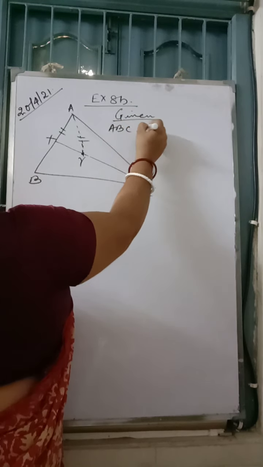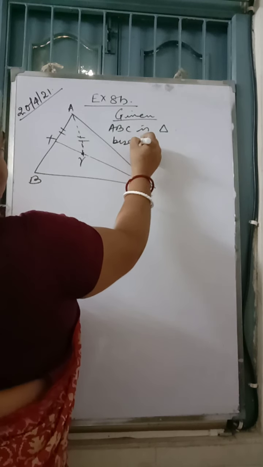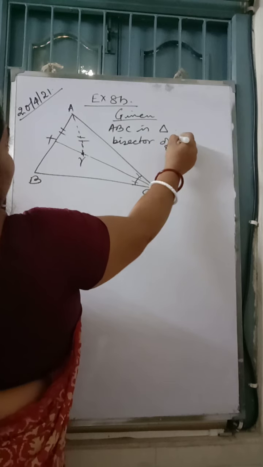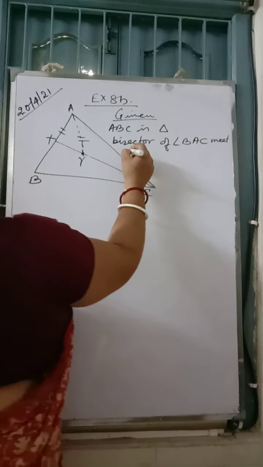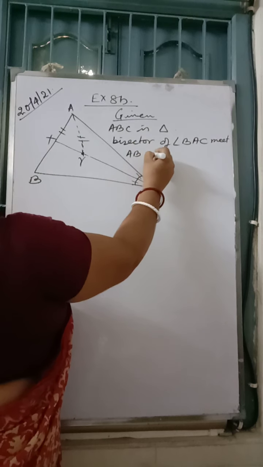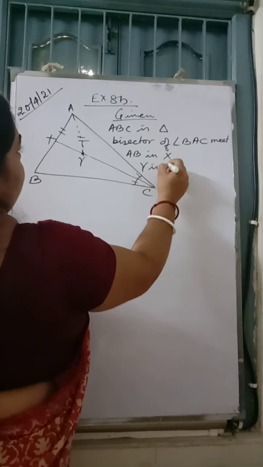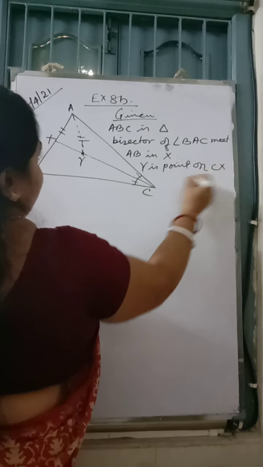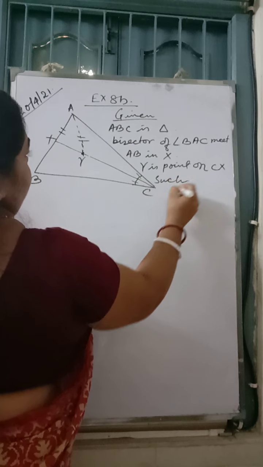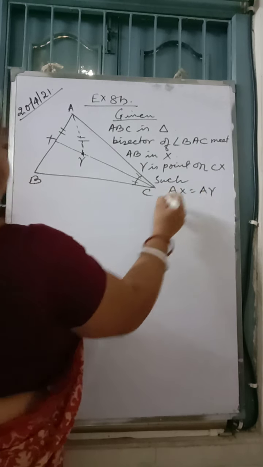Now to prove. Given: ABC is a triangle, the bisector of angle BCA meets AB in X, Y is a point on CX such that AX is equal to AY.